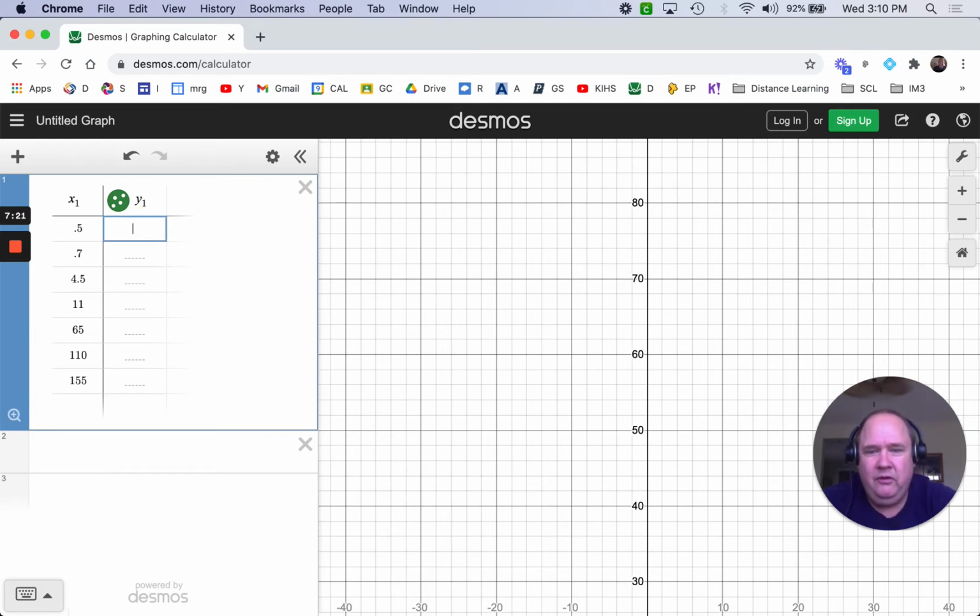And then the y values that go with it. And now, it's good for me to understand the story, so we'll talk about what the story is about. In this case, the story is about different weights of animals. That's the first column. And then the second column is their beats per minute, their pulse rate per minute.